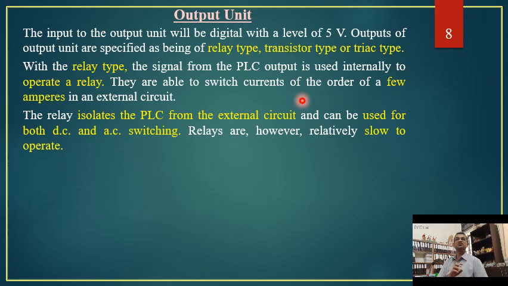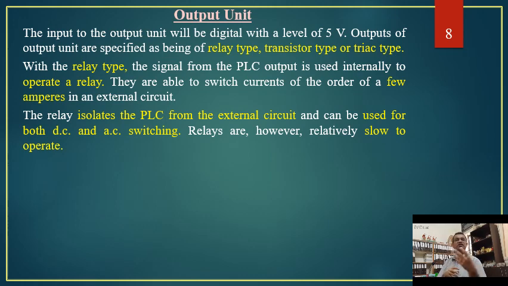The relay isolates the PLC from the external circuit and can be used for both AC and DC switching. So if we supply AC to the relay, the relay will give AC output. If we supply DC to the relay, the relay will give DC output.